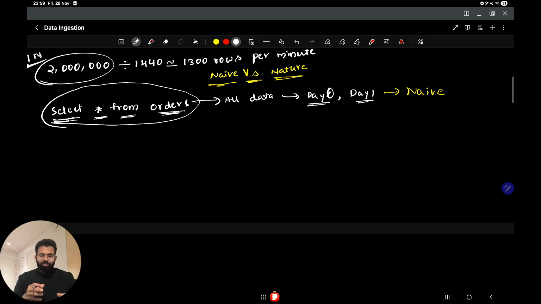A little bit more mature data ingestion pipeline relies on change detection, okay? It relies on change detection, and it will try to process only the incremental records. It will try to do only the incremental loading. How it will do that is, for example, the query would look maybe something similar to this.